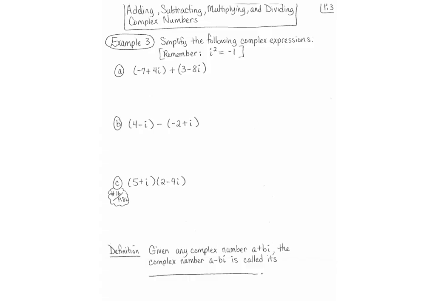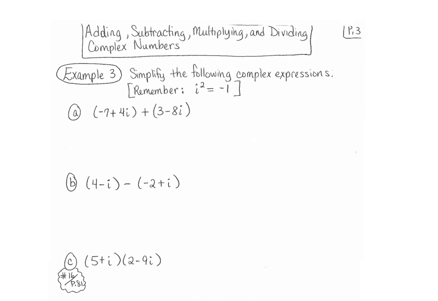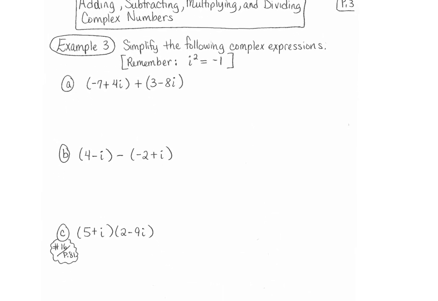Okay, so some examples. Example 3, we want to simplify the following complex expressions. Remember, i squared is equal to -1. Here we are doing what to these complex numbers? Adding them, yes? So this is equal to, I'm going to drop the parentheses, -7 plus 4i plus 3 minus 8i.